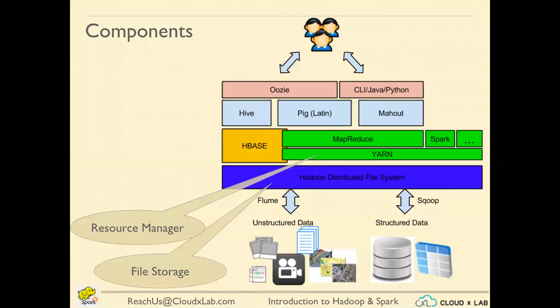On top of Yarn, you can execute anything that is compatible with Yarn. So you will have to implement all the things that Yarn demands before you can execute on Yarn. Therefore, as a user, you generally do not create frameworks that run on Yarn. Instead, you use frameworks like MapReduce or Spark.